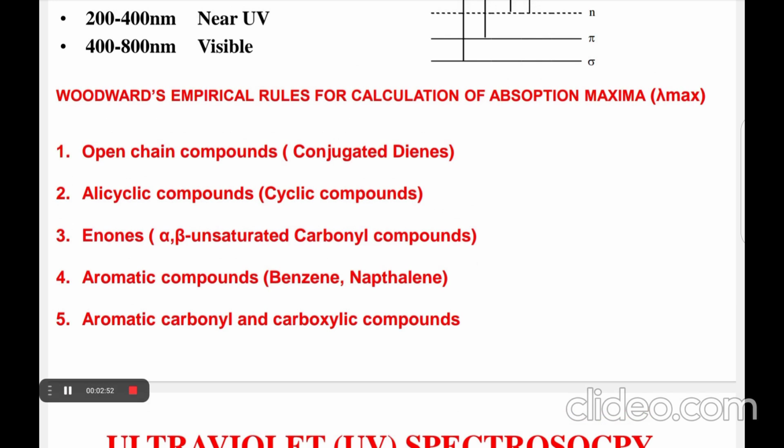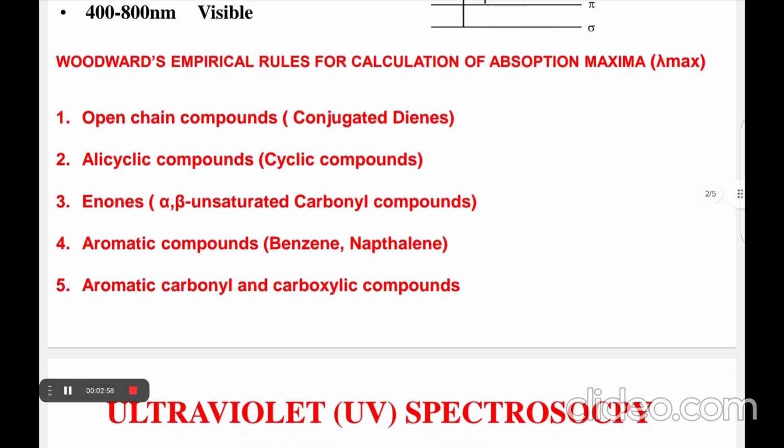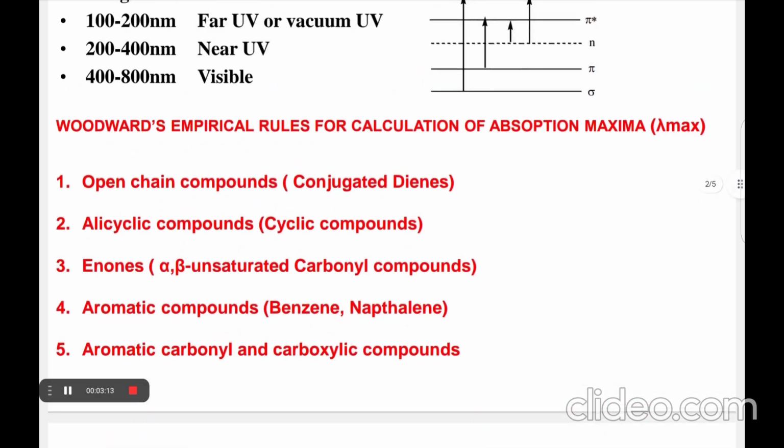Aromatic compounds comprise benzene, naphthalene, anthracene, phenanthrene, like this. And the last one is the aromatic carbonyl compounds as well as the aromatic carboxylic compounds, like benzaldehyde, and carboxylic compounds like benzoic acid, etc. For all these types of compounds, it is possible to calculate the lambda maximum by applying the Woodward-Fieser rules and some other rules.